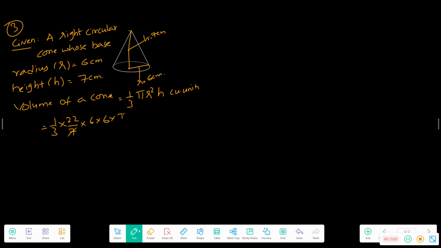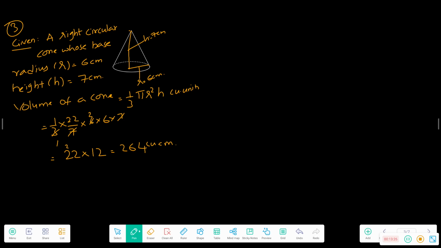So here 7 gets cancelled, 3 ones are 3, 3 twos are 6, that is equal to 22 into 12. So 12 twos are 24, 4 carry 2, 12 twos are 24, 25, 26, 264 cubic centimeter. This is the third problem.